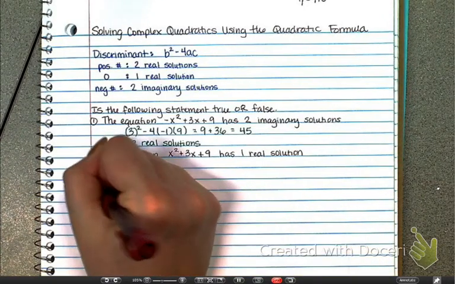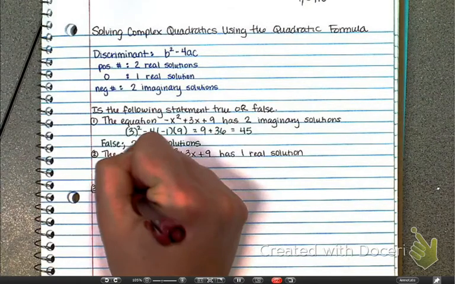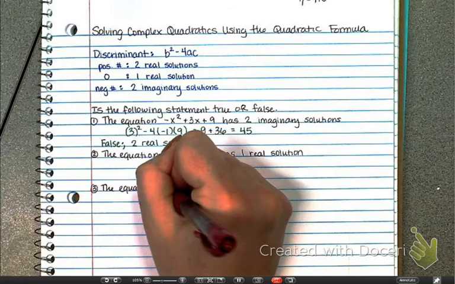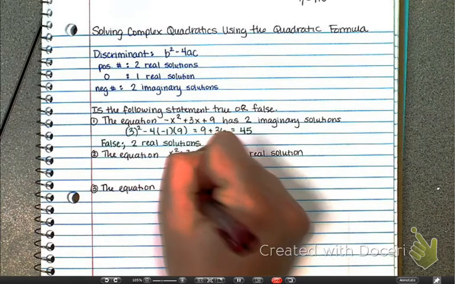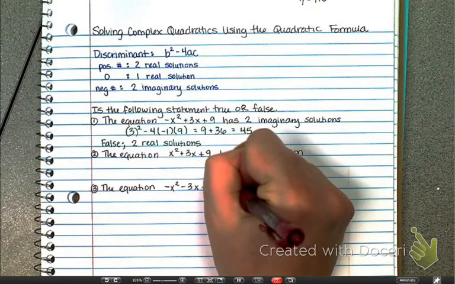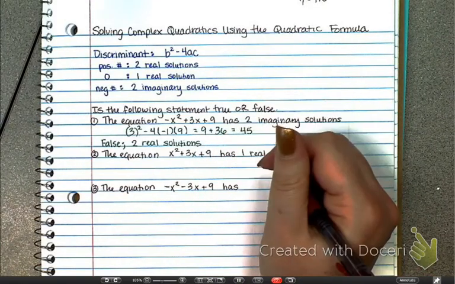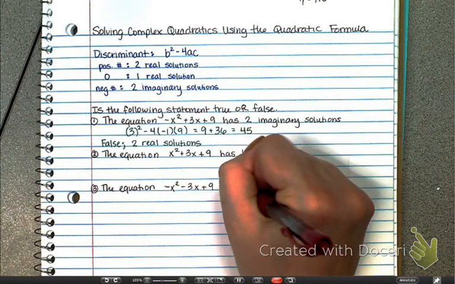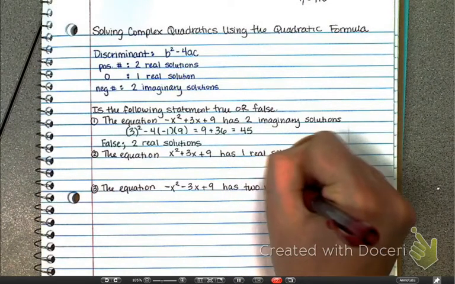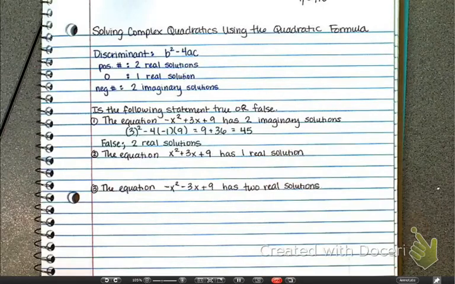And then I also want you to look at the equation negative x squared minus 3x plus 9, and I'm saying it has two real solutions. Okay, so take a second and I want you to see if those statements are true or false.